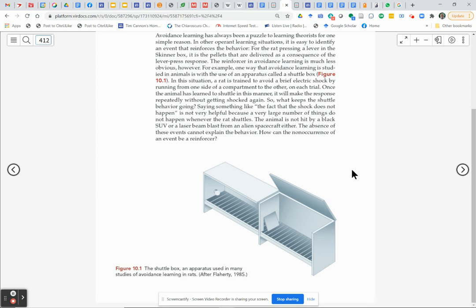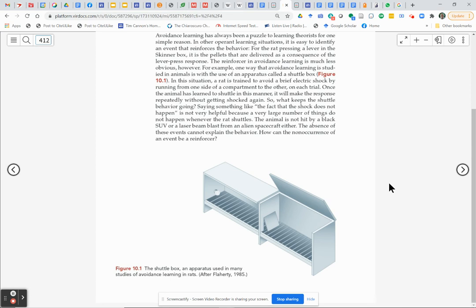You can shock on either side, but in the simplest situation, you associate the shock with this side, and then the animal pushes through this little door and ends up on this side, and they don't get shocked over there. So that would be a one-way shuttle. That is, you go in only one way, from left to right. You could use this device for a two-way shuttle, where after being safe on the right side for a while, you're threatened with shock over there, and you have to go back to the other side.